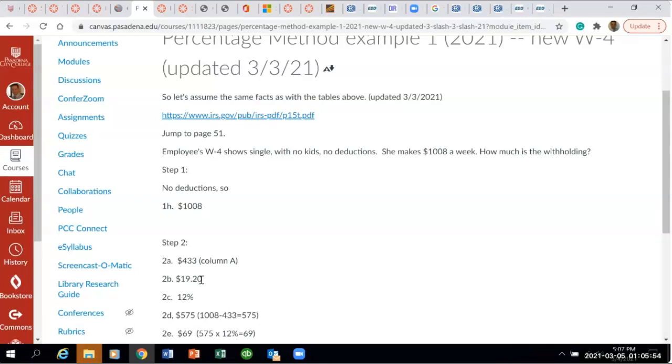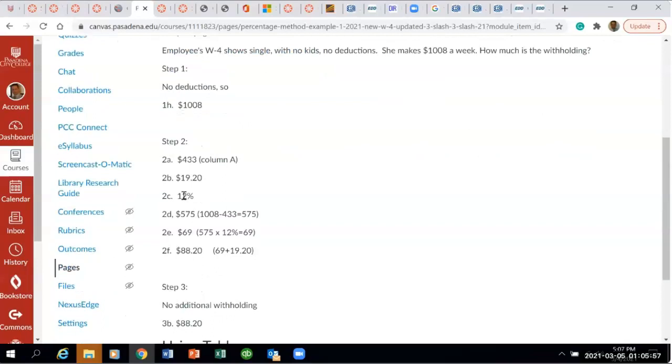The base amount is 1920 plus 12% is the extra tax on top of whatever is above 433, which in this case is 575. So 12% of 575 is $69. $69 additional tax plus 1920 will become what? $88.20.